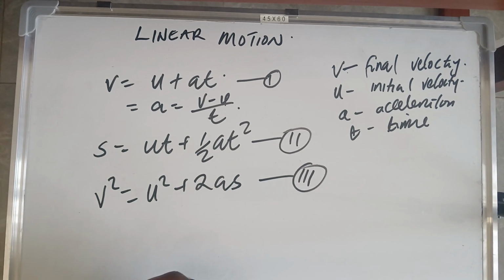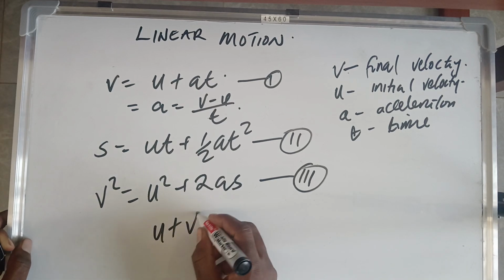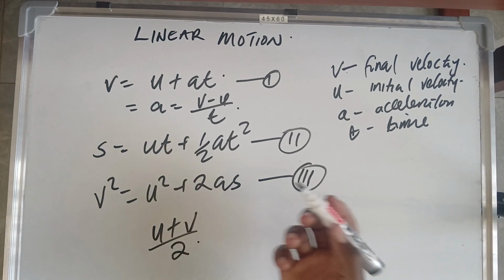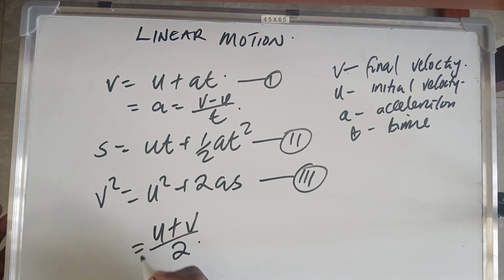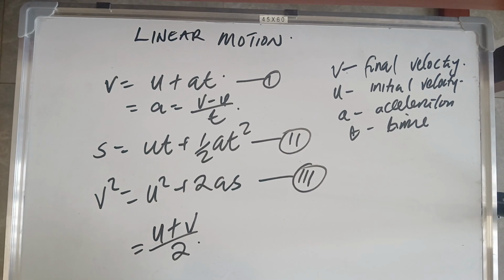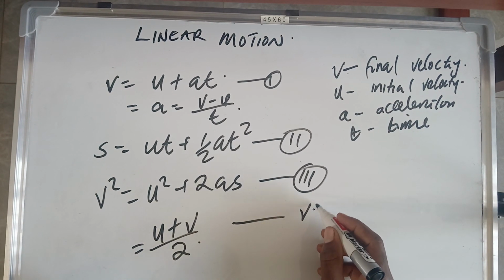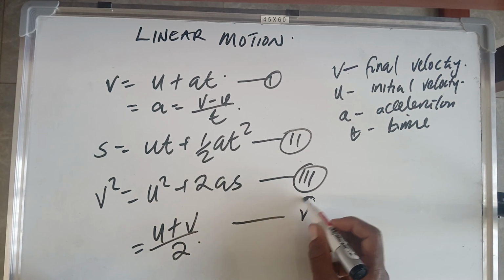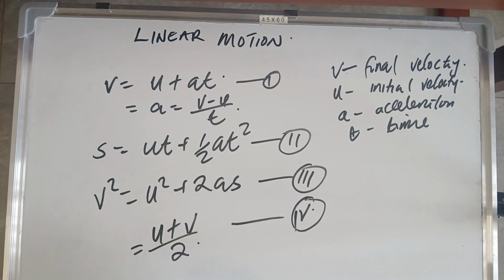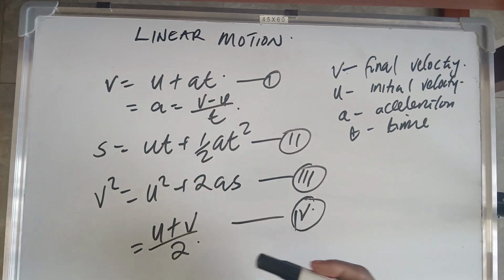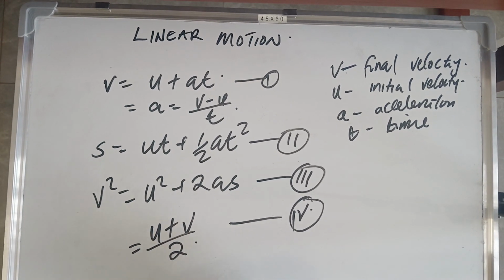So you can always look at it. u plus v over 2 is for average velocity. If you want to get average velocity, you use this one. This is equation number 4. You can use this for average velocity, but that is not our major concentration in this tutorial.